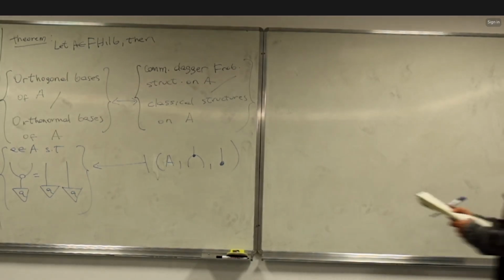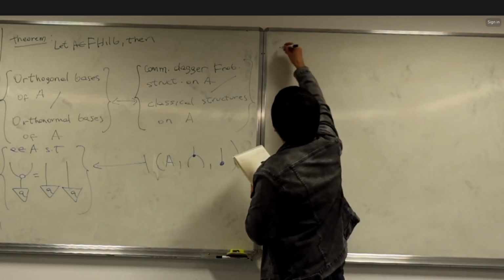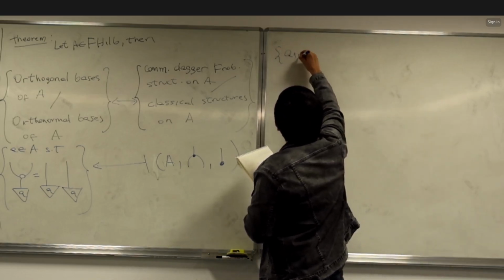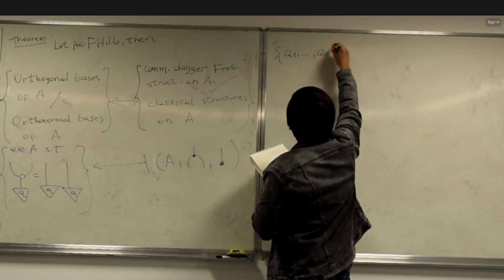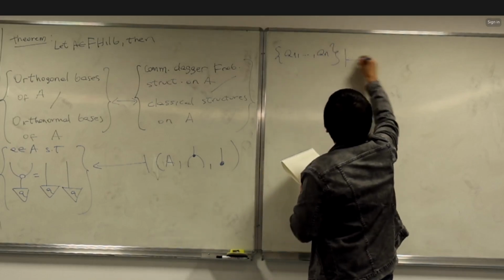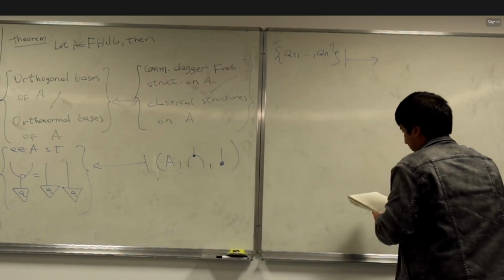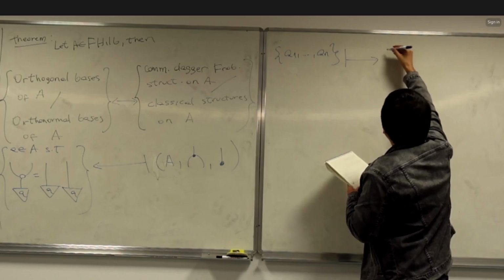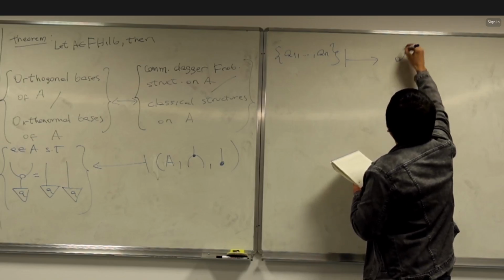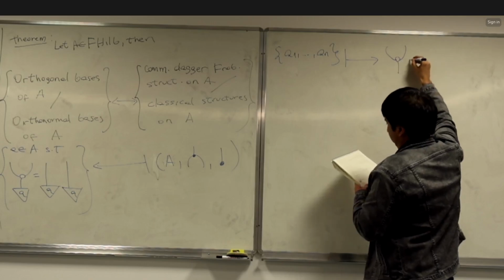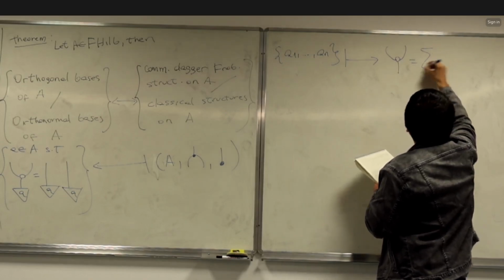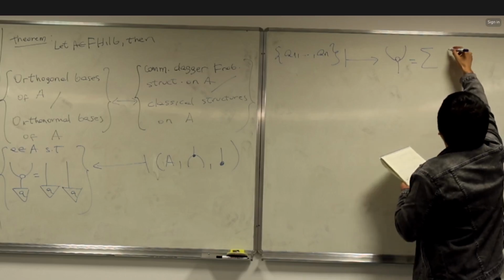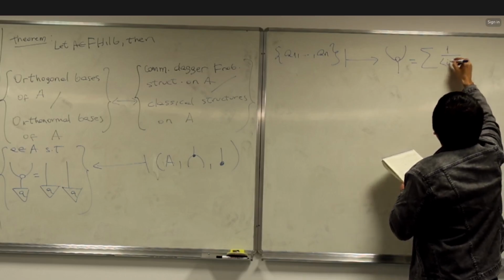Now, on the other hand, if we have an orthogonal basis, we send it to the following Frobenius structure. But this might be a bit weird.